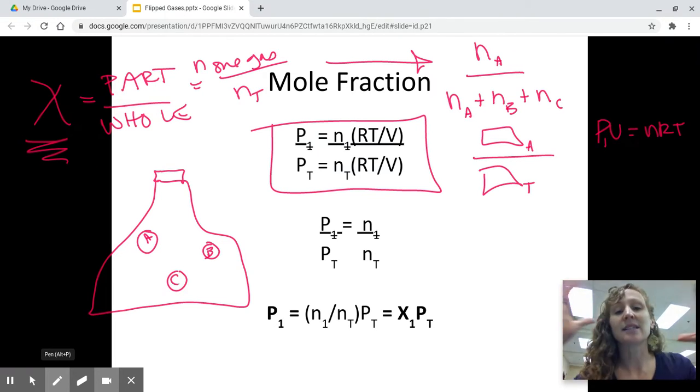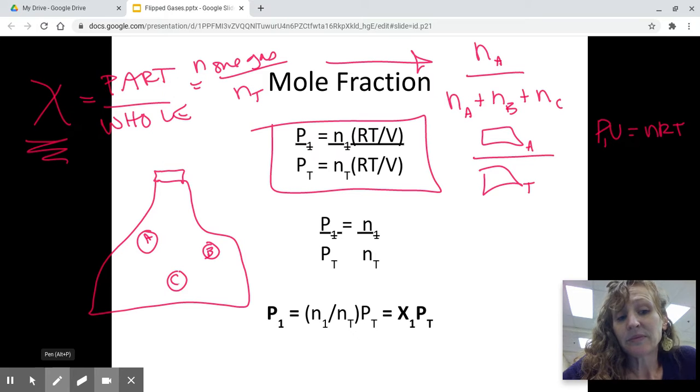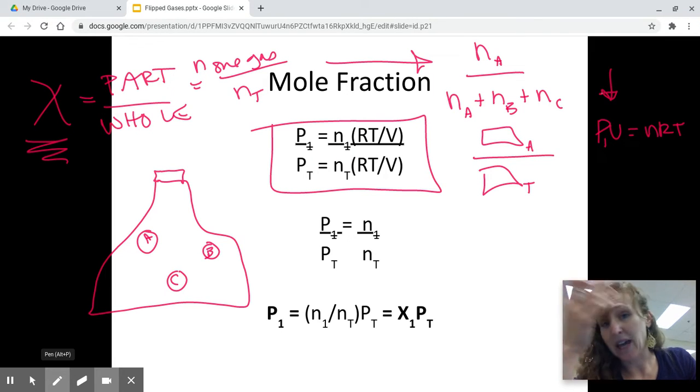Remember that gases expand to fit the container that they're in. And so it doesn't really matter if we have A by itself, the volume is going to be the flask. If we have all of them together, the volume is still going to be the flask. So the volume here that we're looking at is not really the volume of one specific gas. It's the volume of all the gases.